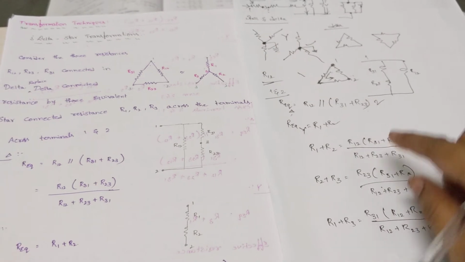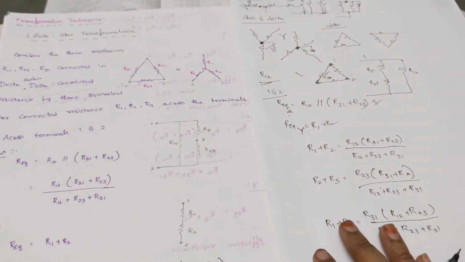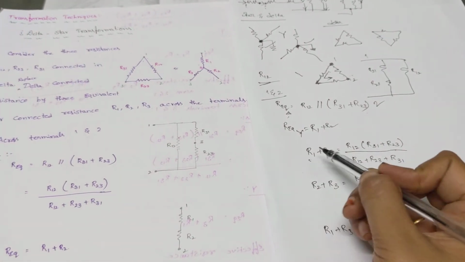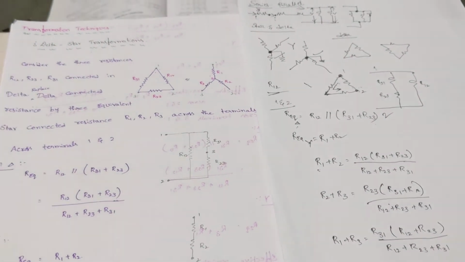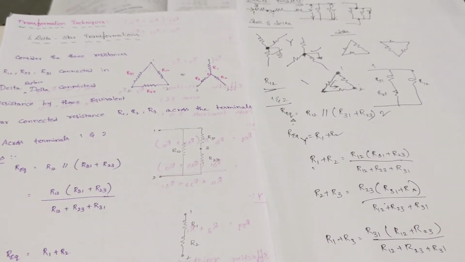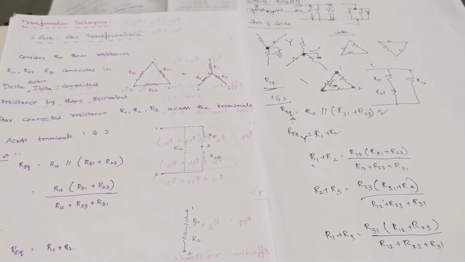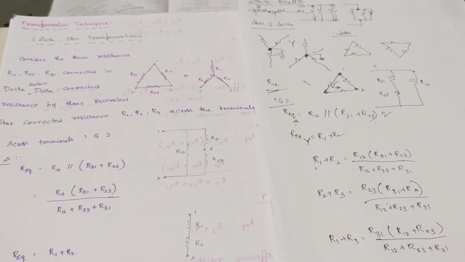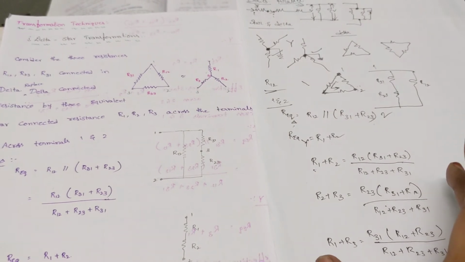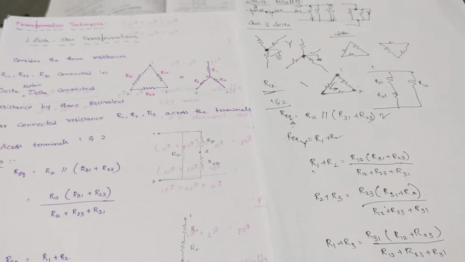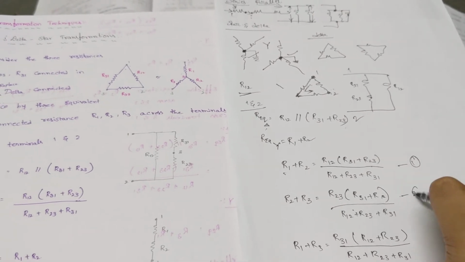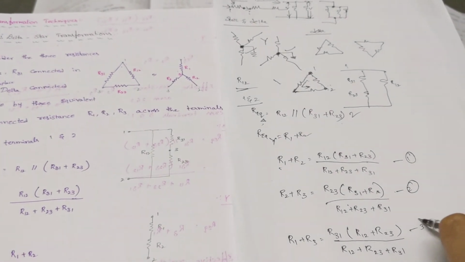Now I get the set of equations in terms of star. R1, R2, R3 are the star resistances, and R12, R23 and R31 are the delta resistors. Let this be equation number 1, 2, 3.